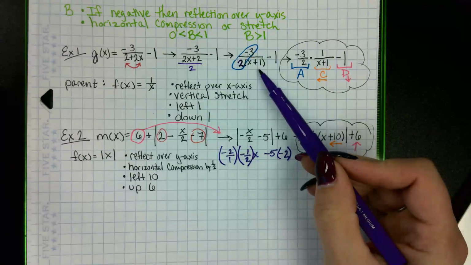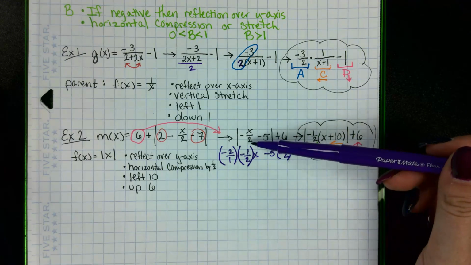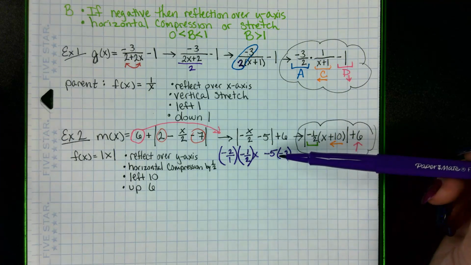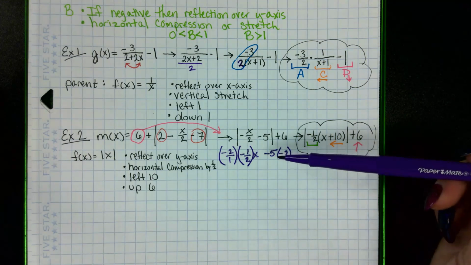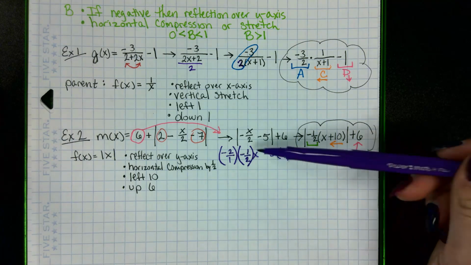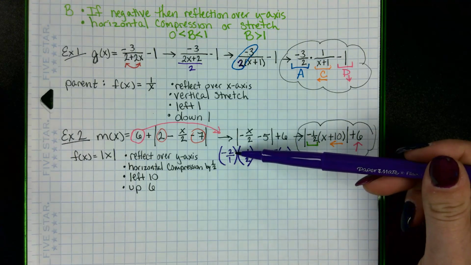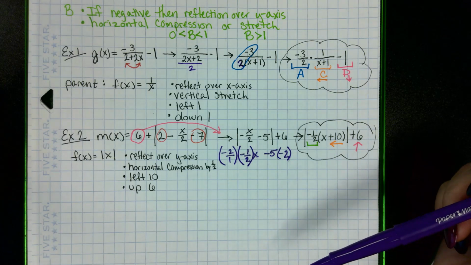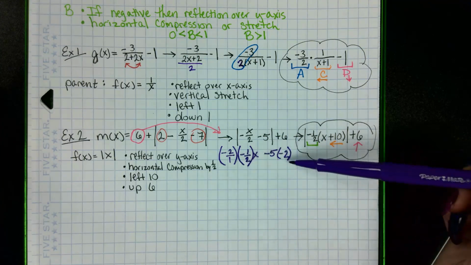And then it left x plus 1. But down here, I would be dividing by negative half. When you divide by a fraction, instead of dividing, you multiply by its reciprocal. So instead of dividing by negative half, I multiplied by its reciprocal, negative 2. So I'm multiplying both terms by the reciprocal, negative 2.